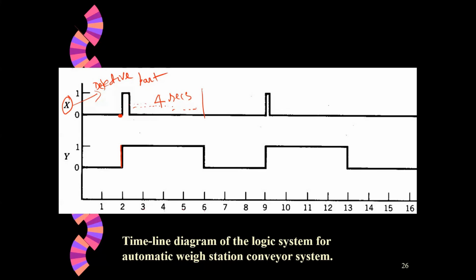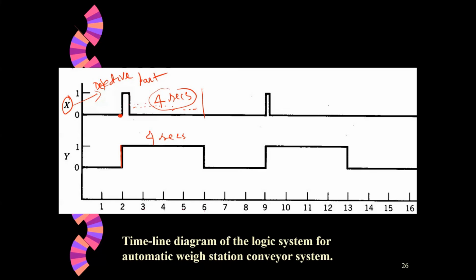If something happens in between, if there is no feedback, you would not know. So you program this output to stay on for 4 seconds because the barcode reader is ahead of the trapdoor.